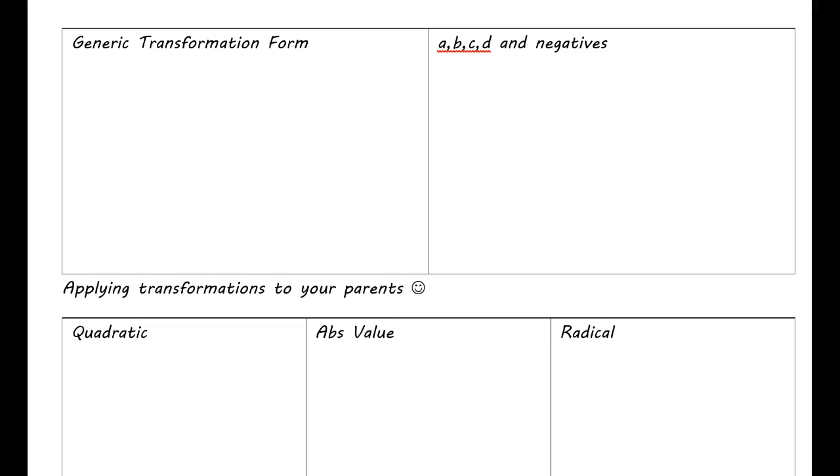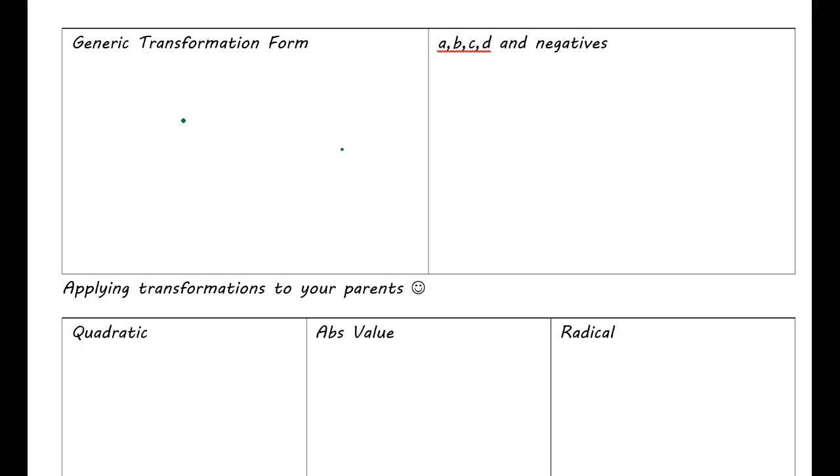As an example, let me show you what this is going to look like, okay? There's a generic transformation form, and we're not going to do every single transformation because that would be crazy. I'm just going to focus on a few that you might run into in algebra, okay?